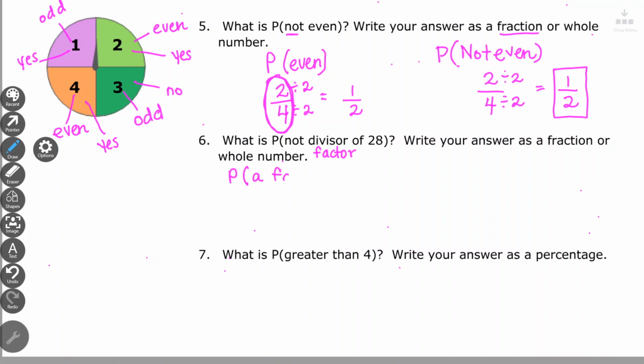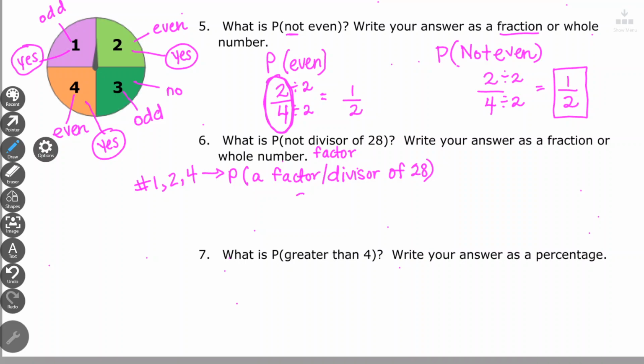Okay, so how many factors or divisors are there? Well, we see there's 1, 2, and 4. So the numbers 1, 2, and 4 are factors or divisors of 28. So there are 3 of them.